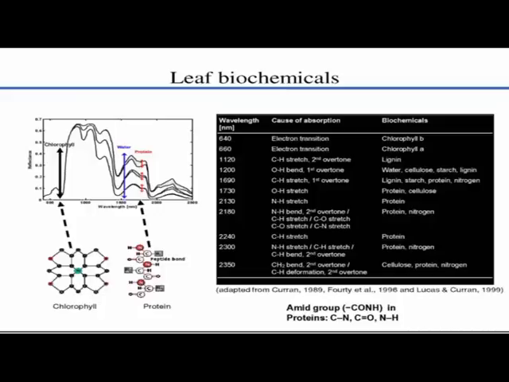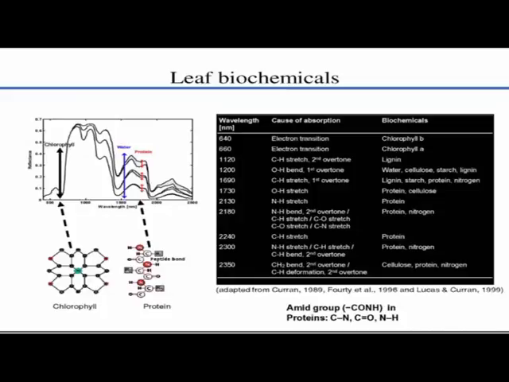That may be because of electron transition, maybe because of second overtone, maybe because of first overtone, maybe CH stretches, NH stretches. So it all depends on what part of the electromagnetic spectrum you are looking at and what kind of parameter you are looking at. What I mean to say is, you are not only able to quantify the major governing parameters, that is pigment, cell structure or water.